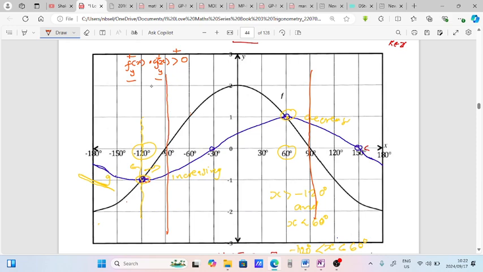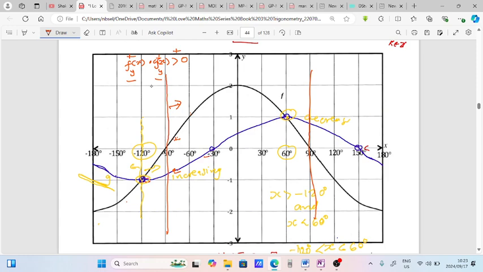Now the graph on the left-hand side of 90, moving in that direction: what is the value of y of g here? Is it positive or negative? Negative. So what is negative times positive? Negative.